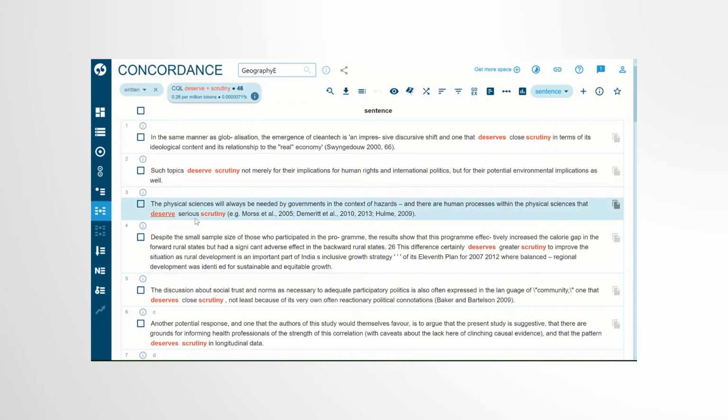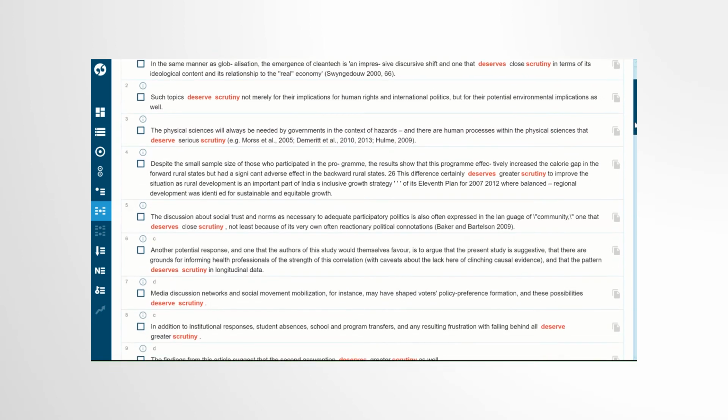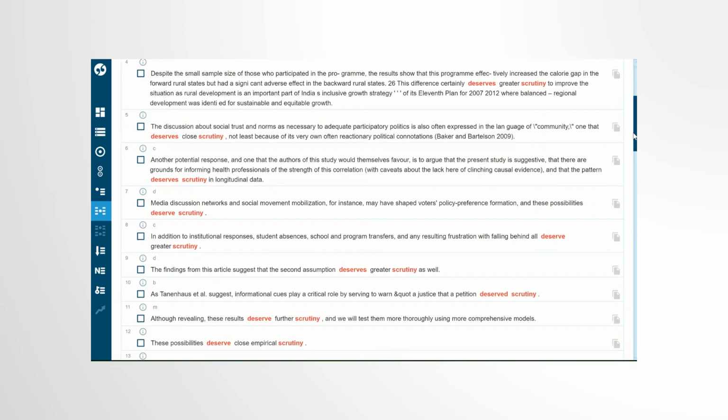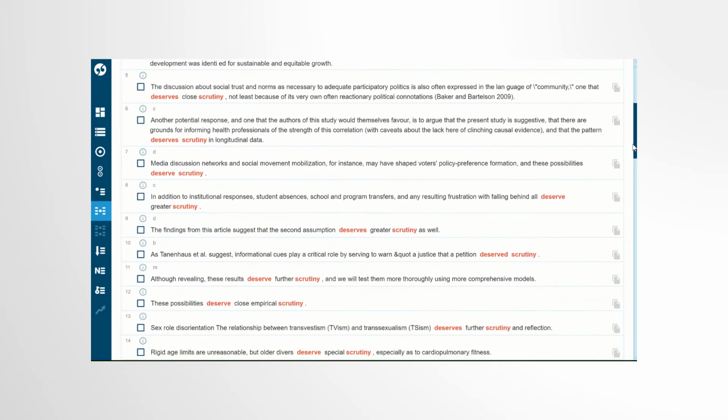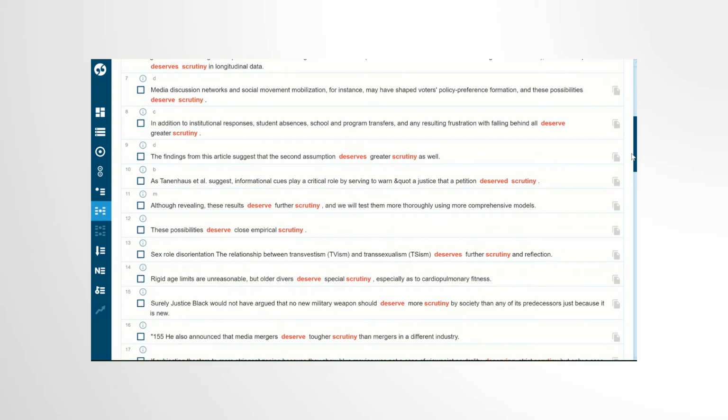Deserves serious scrutiny. Now these phrases might be used, for instance, at the end of an academic article, where writers make recommendations for future research, but they don't perform quite the same function as our mention phrase.